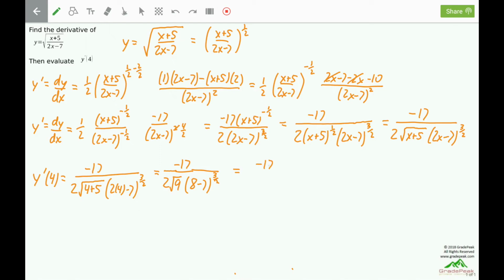So we have a negative 17 over 2 times the square root of 9, which is a 3, and then 8 minus 7 is a 1, so we have 1 raised to the 3/2 power. So negative 17 over 2 times 3 is a 6, and then 3/2 power means the square root of 1, which is 1, and then cube that result. Of course, 1 cubed is just a 1, so this will be a 6 times a 1, and therefore we end up with negative 17 over 6.